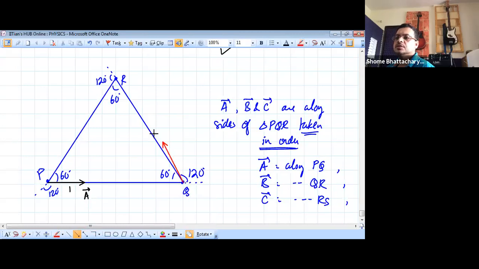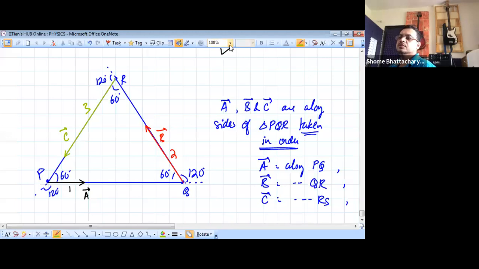B is going to be a vector like this along the side QR, but of magnitude 2, double of A. And correspondingly, C will be a vector which will be of this type now. It's of magnitude 3. Okay. And we have to find A plus B plus C.